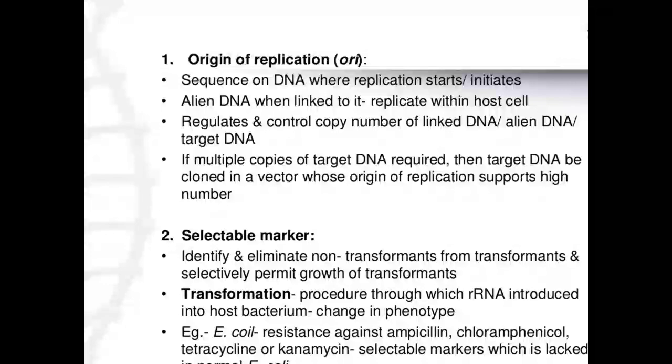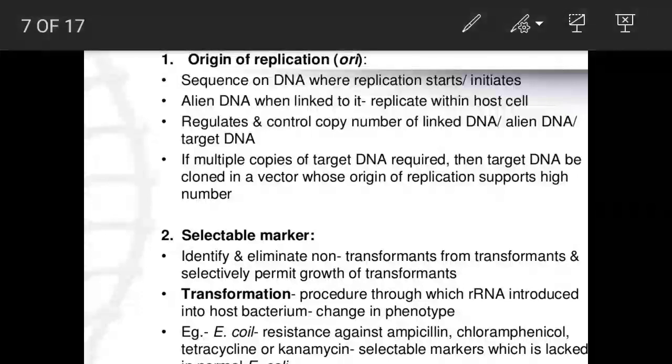Transformation is the procedure in which recombinant DNA is introduced into the host bacterium, changing its phenotype. For example, E. coli resistant against ampicillin; that is a selective marker. Chloramphenicol, tetracycline or kanamycin are the antibiotics used as selective markers, the resistance to which is lacking in other bacteria.